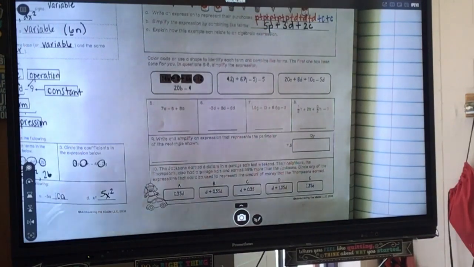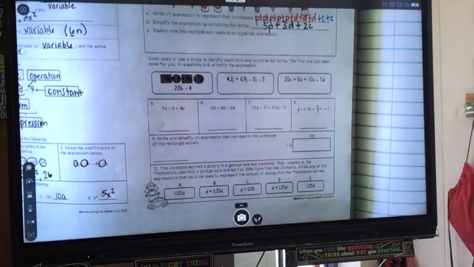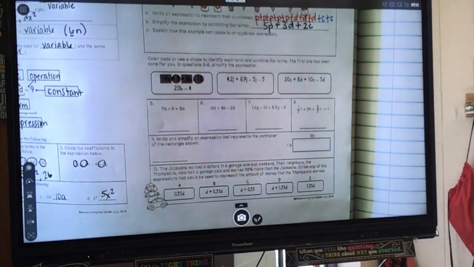All right, for the first one, they did 14b and 6b and added those two. Then they did plus 8 minus 12 and got minus 4. For the next one, we have 4.2j plus 6.7j minus 5j minus 5. What can we combine?